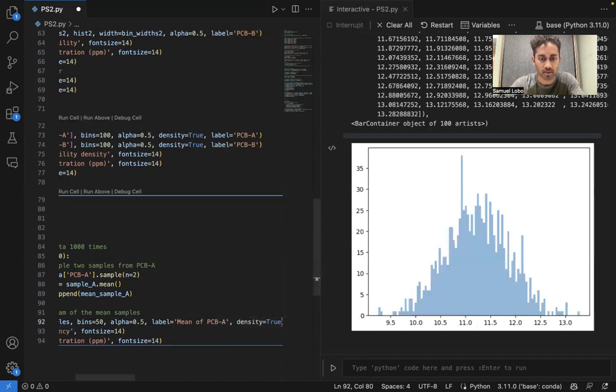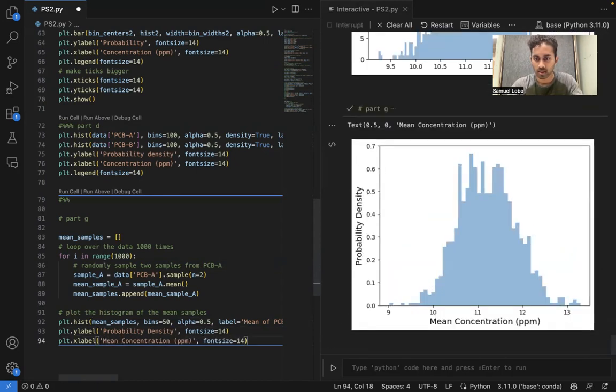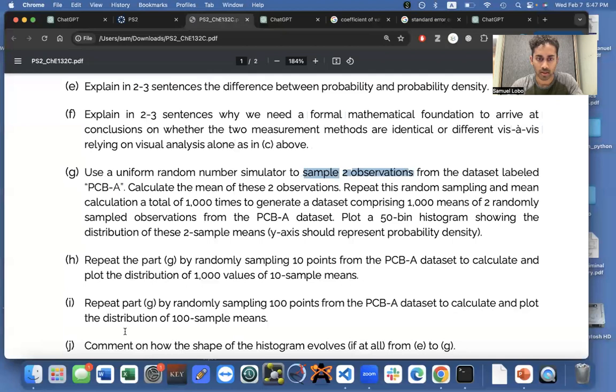So you'd say density equals true, and then you'd say probability density. And instead of concentration, I'll say mean concentration. So I think that is part G. Yeah, that looks right.